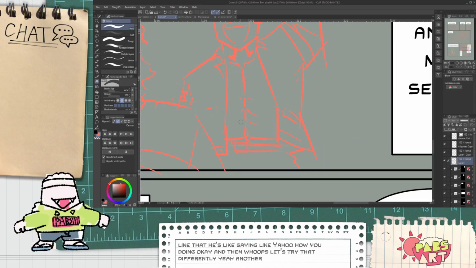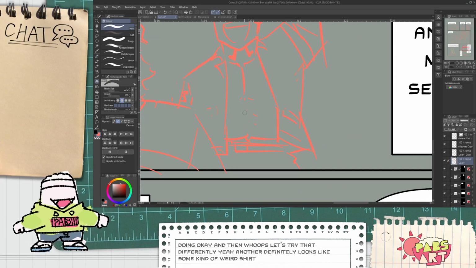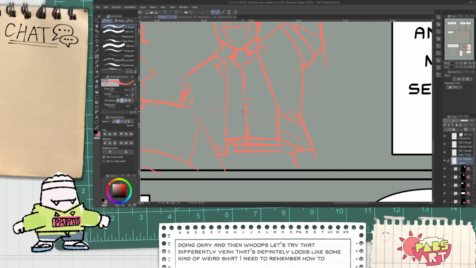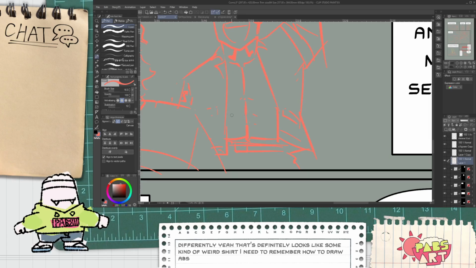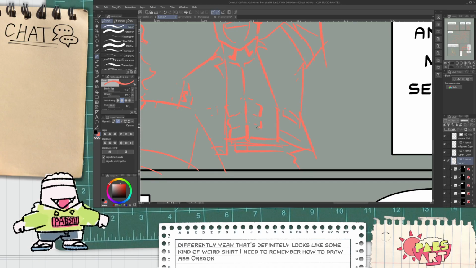Yeah, no, this definitely looks like some kind of weird shirt. I need to remember how to draw abs. Or again, go for the strongman body type, but I don't remember how to draw that off the top of my head.